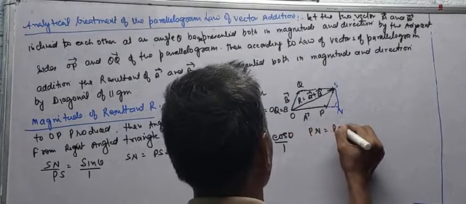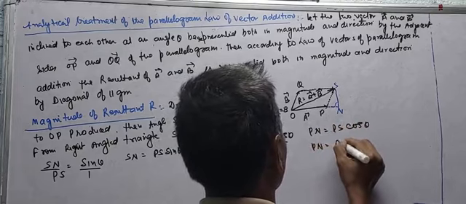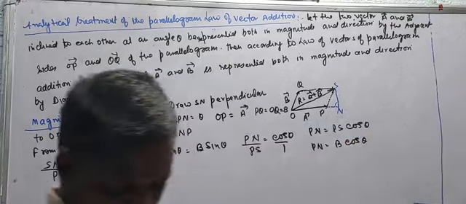Then PN equal to PS cos theta, PN equal to B cos theta.